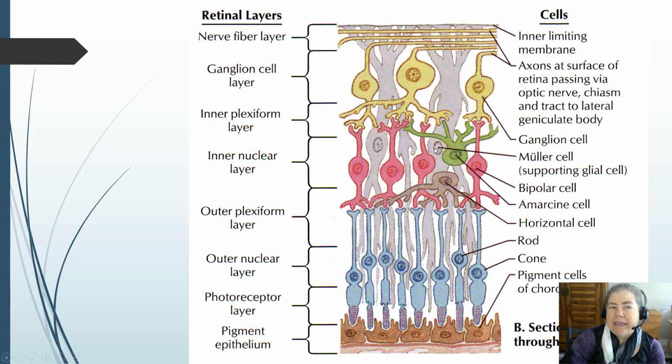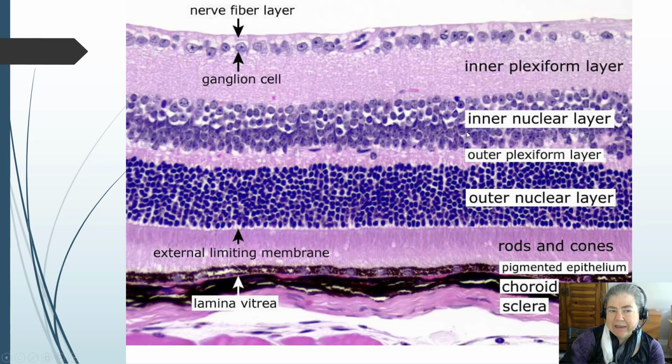Okay? And then the inner nuclear layer are these cells that are processing things, beginning to take information from the light detectors and detect things like movement and edge. And then they are in contact with ganglion cells, which are collecting all that information and sending it through their axons into the central nervous system. You might also want to notice that there are glial cells that are in here supporting everything.